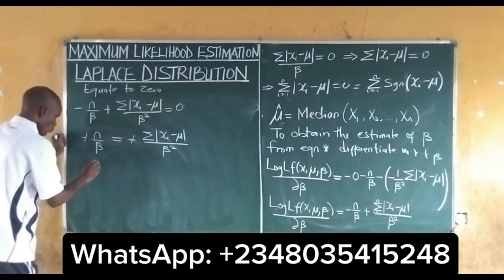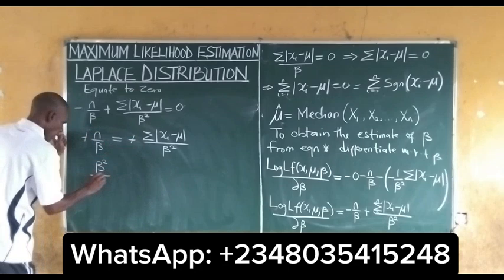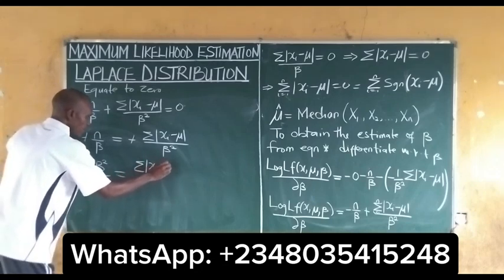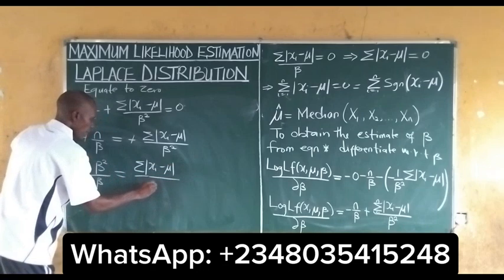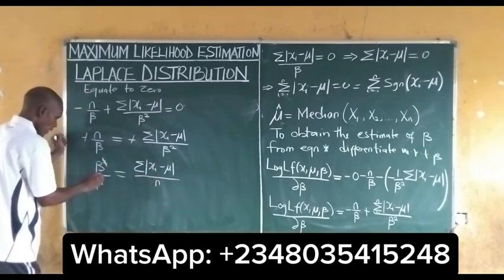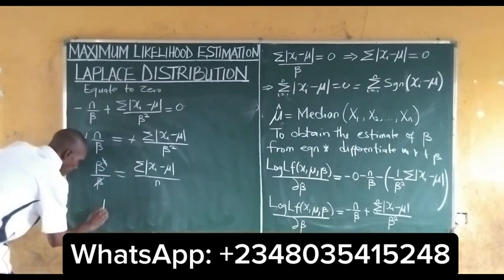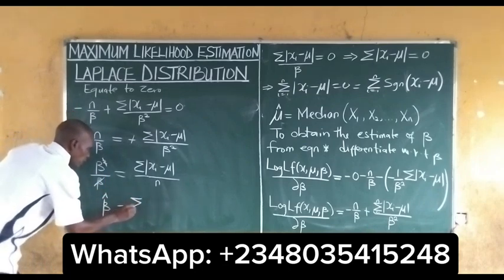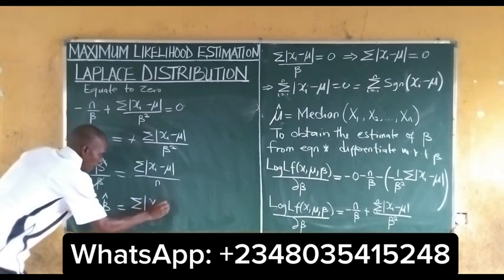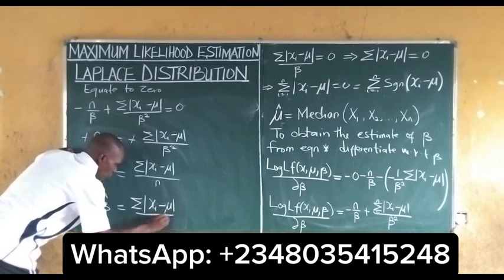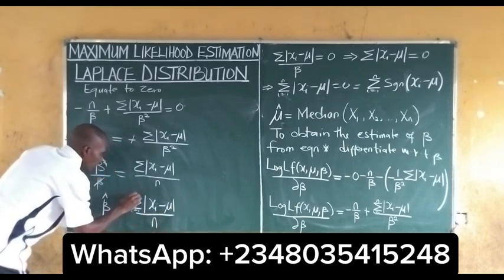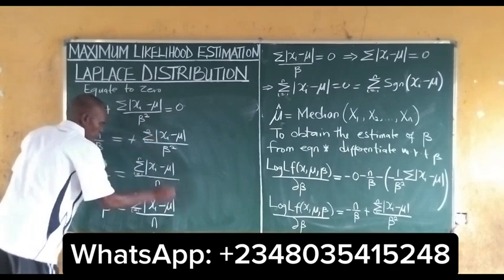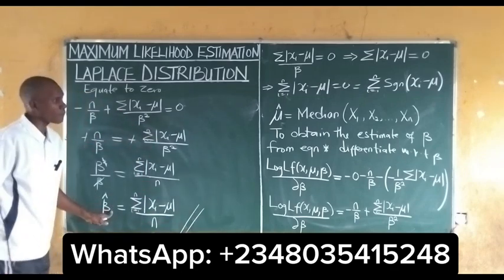This will come over here to give us beta squared all over beta equal to summation of xi minus mu all over n. So this can cancel this. It then means that our beta estimate will be equal to summation of xi minus mu all over n, as i runs from 1 to n. So this becomes our estimate for beta.